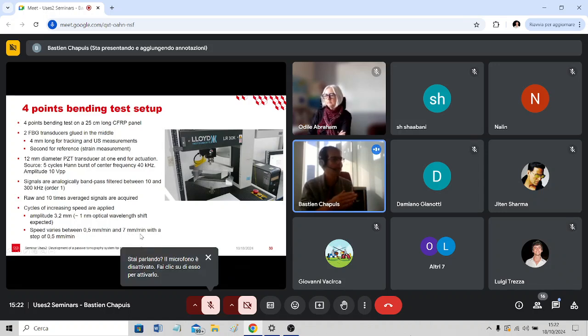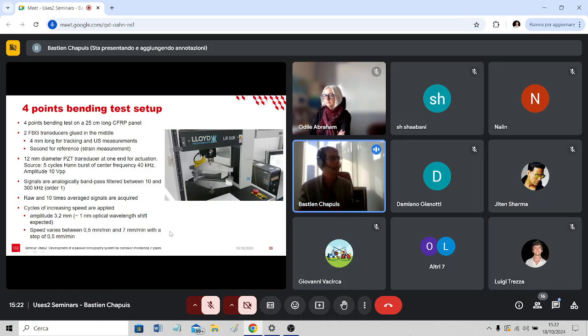This low frequency strain induces a shift in the FBGs, and we want our elastic wave measurement system to be able to measure the wave even if there is a low frequency strain in our structures. You can imagine putting this sensor on the wing of an airplane. You want to be able to measure the elastic wave even if there is a low frequency flexural wave of the wing due to turbulences, etc.